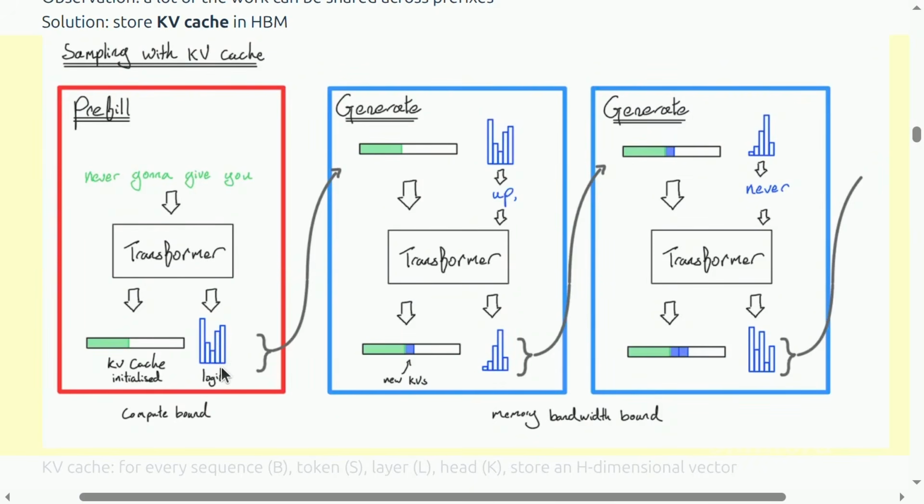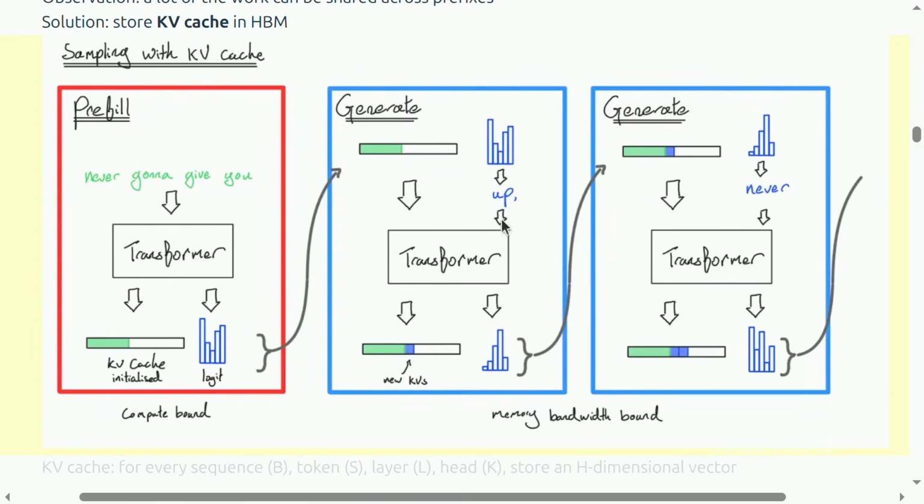And now you have the KV cache here, and then this distribution, from which you sampled a token. Now you feed that through the transformer, which uses this cache, and produces both the distribution of the next tokens, and a new KV, which is basically the activations corresponding to the token.